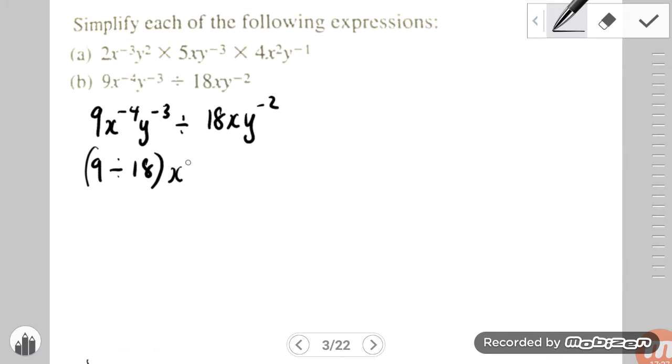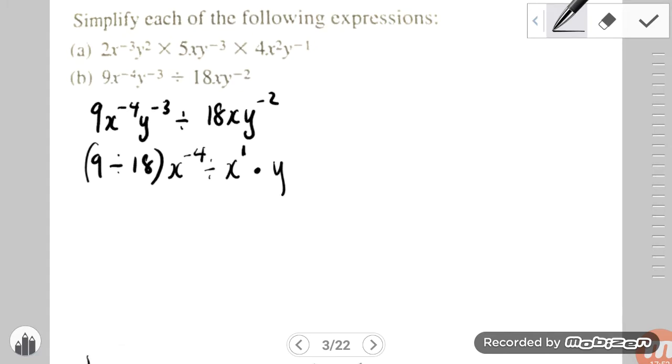So that's x to the minus 4 divided by x to the, there's no power, so the understood power is 1. We're going to have to merge the answers together. All the letters are going to be in one, so we're going to connect them with a multiplication sign, and that's y to the minus 3 divided by y to the minus 2.